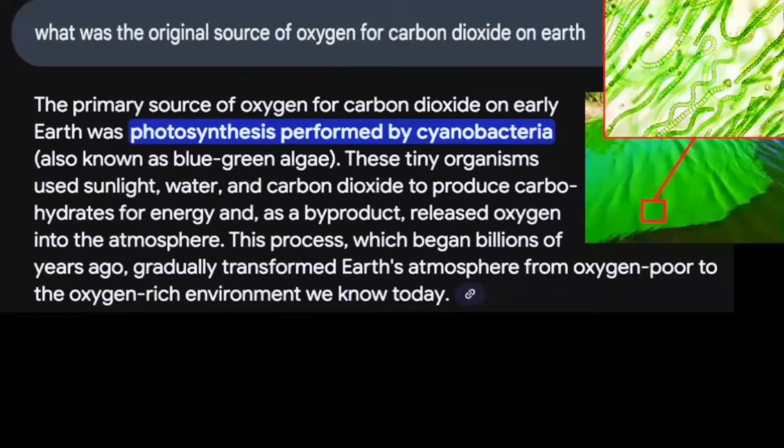And so cyanobacteria, what was their purpose? Because we're told they were the original source of oxygen for carbon dioxide on Earth. That's impressive if you think about what we just said. They were the original source for the oxygen that was then turned into carbon dioxide.